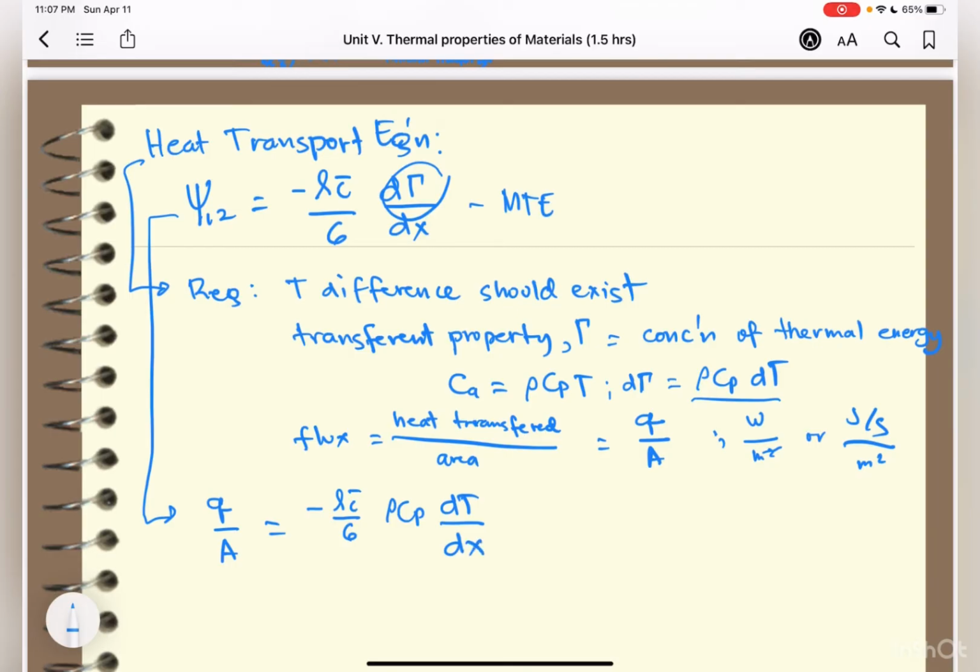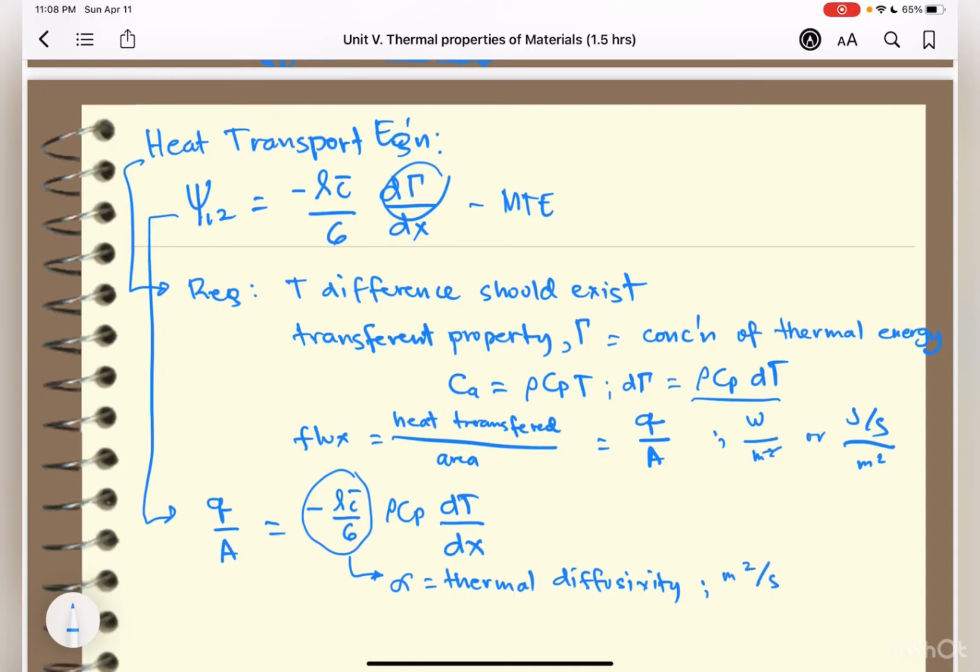Take note that this negative L C bar is what we call alpha, or the thermal diffusivity. In the property of materials in your handbook, you can find this one, and it has a unit of meter squared per second.